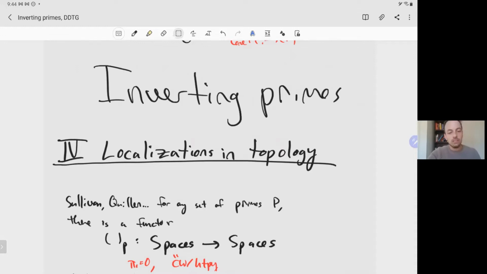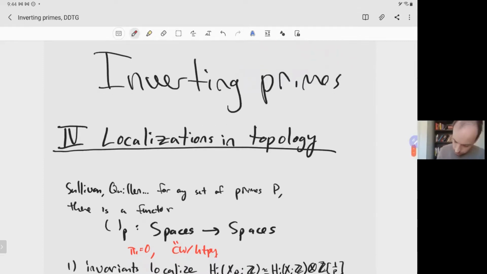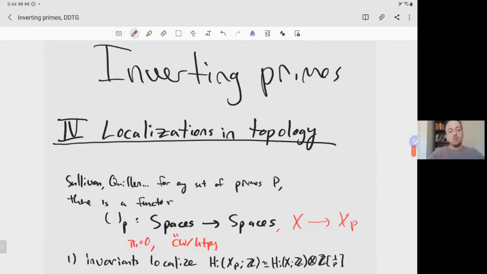And the operation is that you fix a set of primes P, and there turns out to be a functor from spaces to spaces, where by spaces I mean CW complexes up to homotopy that are simply connected, and it sends X to X at P. And the important property of this functor is that it localizes invariants.